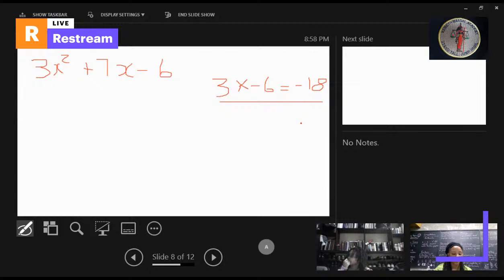Negative 18 times 1, 9 times negative 2, 3 times negative 6, 6 times negative 3.